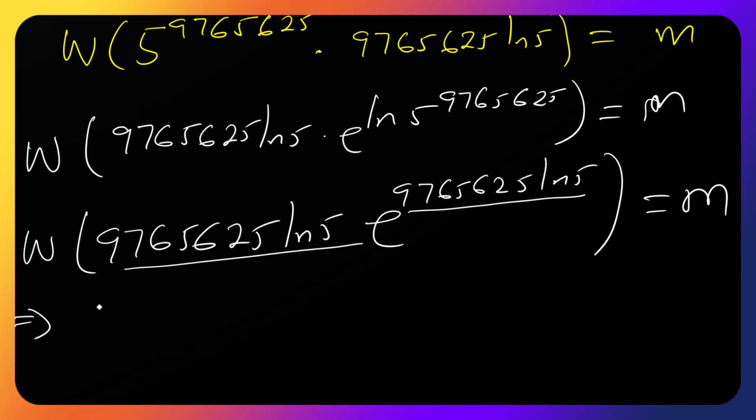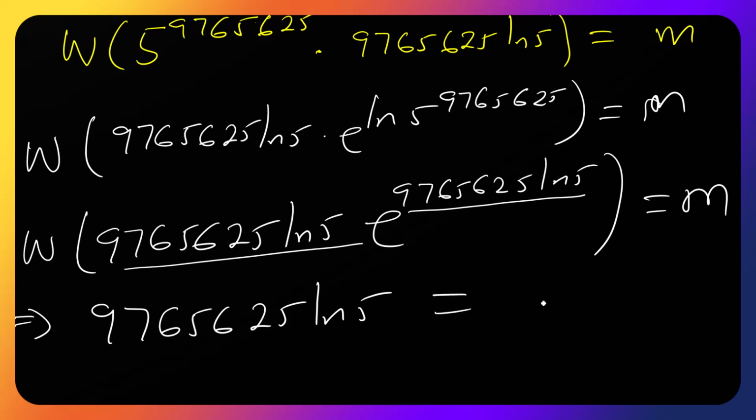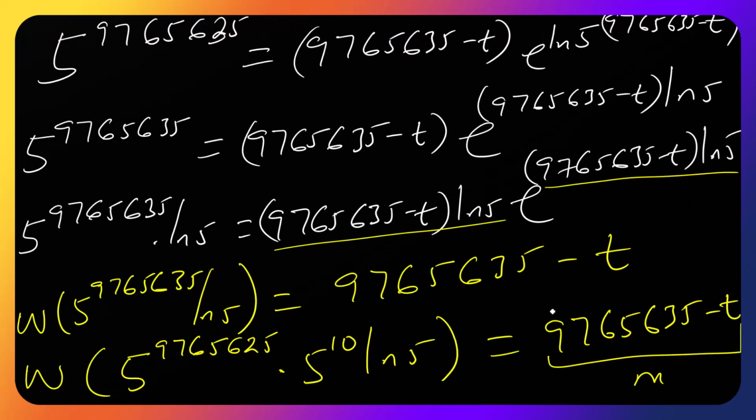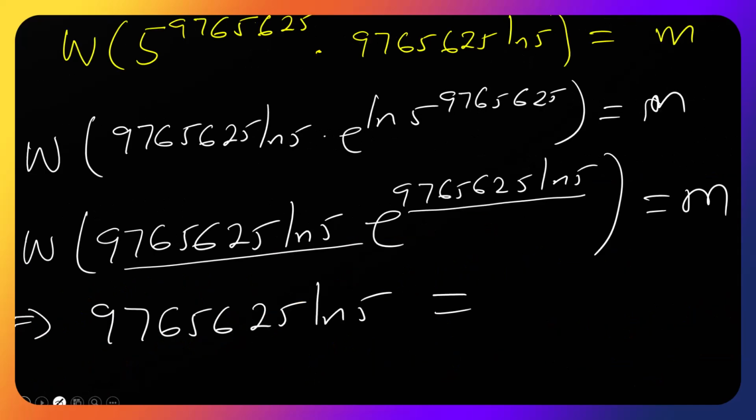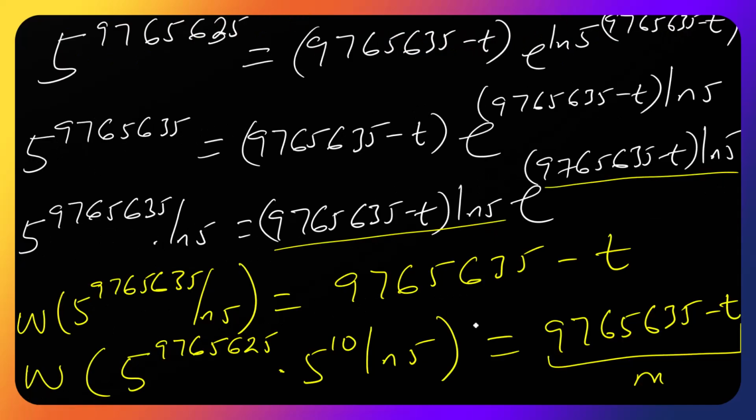So the answer for the left hand side is 9765625 ln of 5 equals m. But m is what? M is 9765635 minus t ln of 5, minus t ln of 5. Then ln of 5 is there.